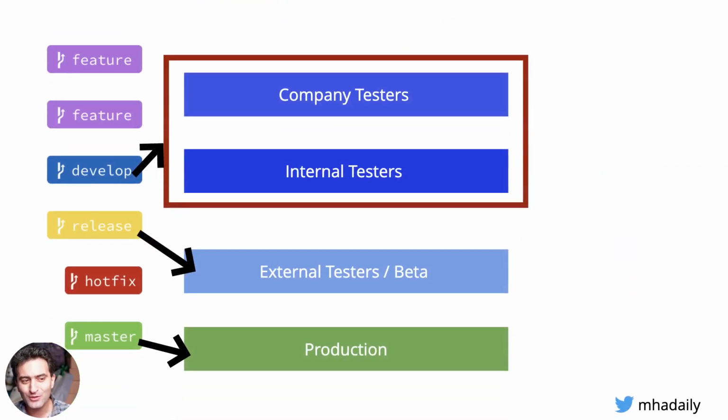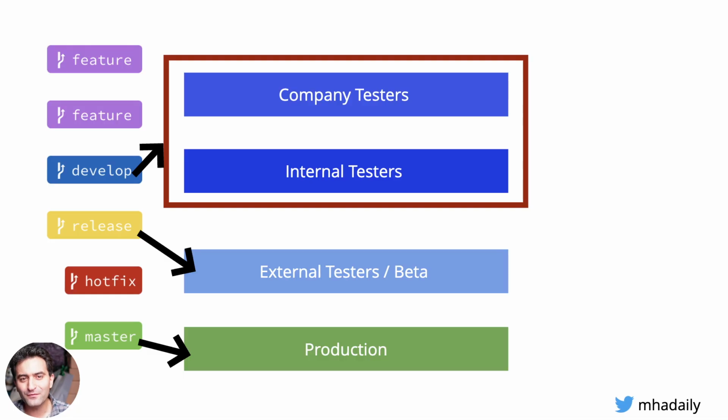Then you can map this very quickly to your users. You can say develop may go to internal testers. The feature branch can go to your engineers, like test engineers, maybe. And the release branch can go to beta testers all the time. And then your production is always master. And the hotfix also goes all the time to both develop and master.